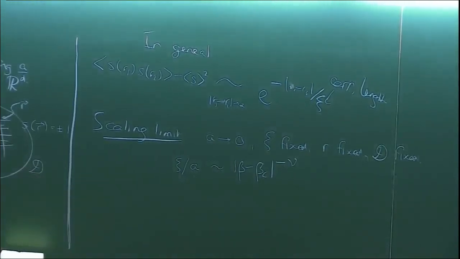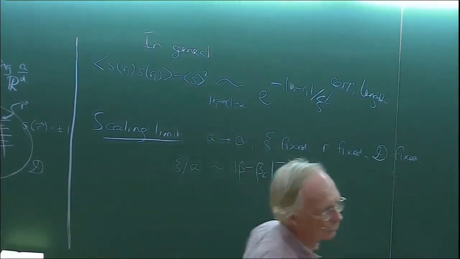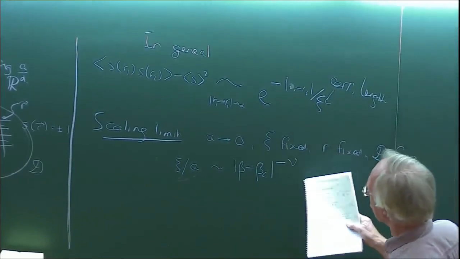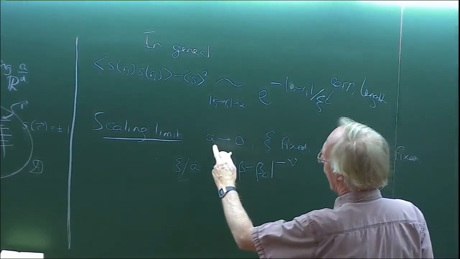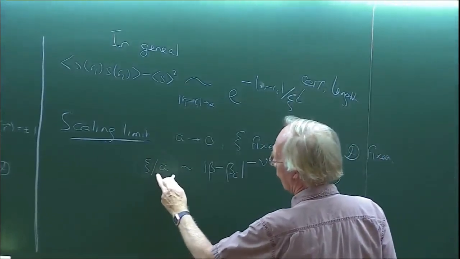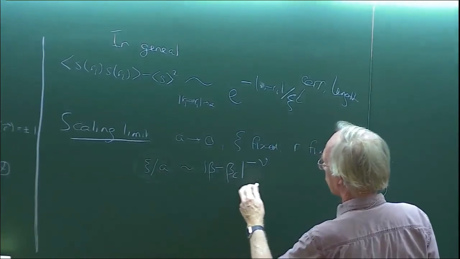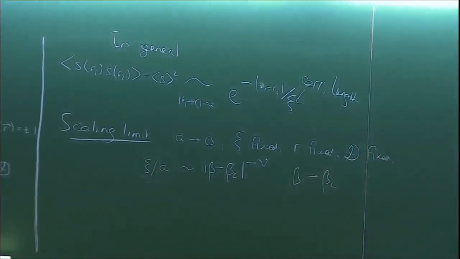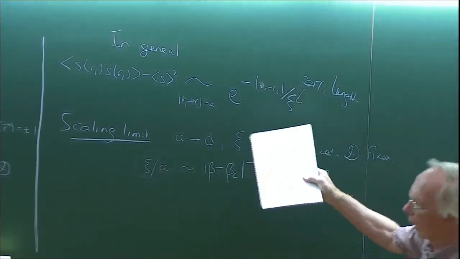In the case of the two-dimensional Ising model, we know this critical exponent is 1, but in general, it is some irrational number. But this tells you that if we're going to take a goes to 0, keeping the correlation length fixed, this has to go to infinity. So therefore, beta has to approach beta critical in a certain way, as a power law in a.